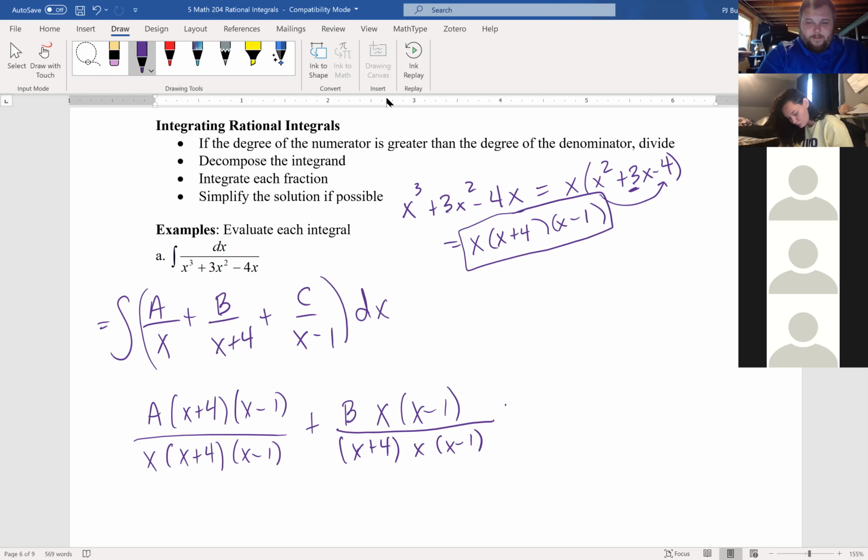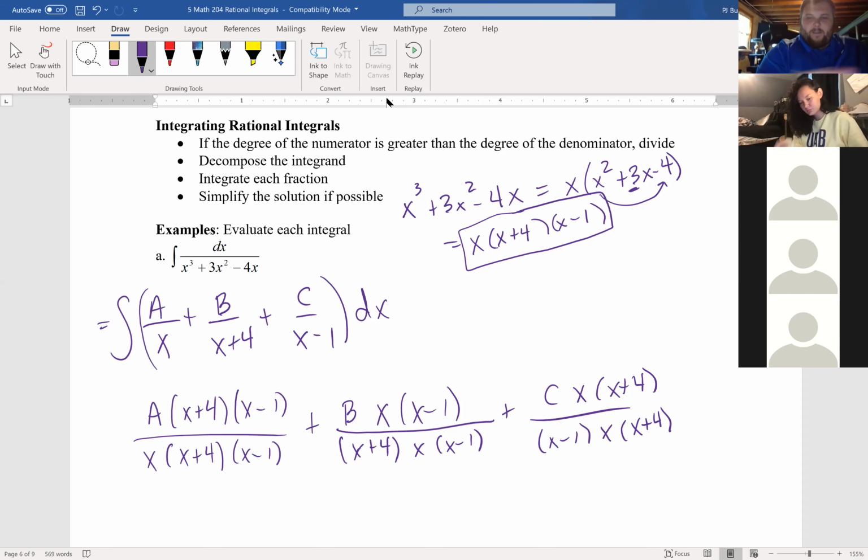And then finally, this last term, C over x minus 1, is missing x and x plus 4. And this has to equal the original problem, which is 1 over x times x plus 4 times x minus 1.